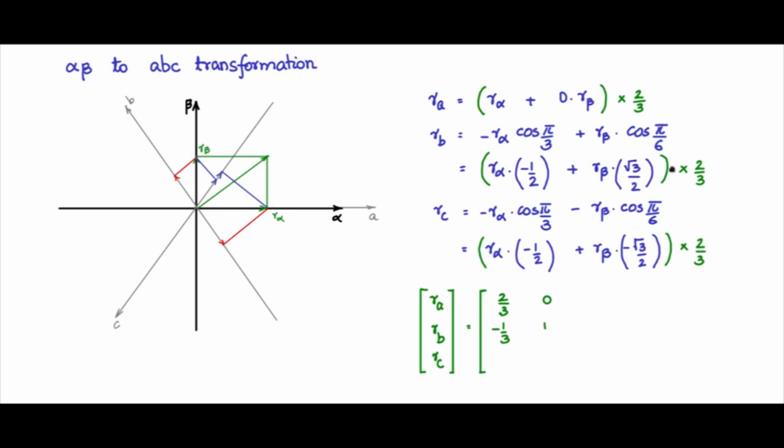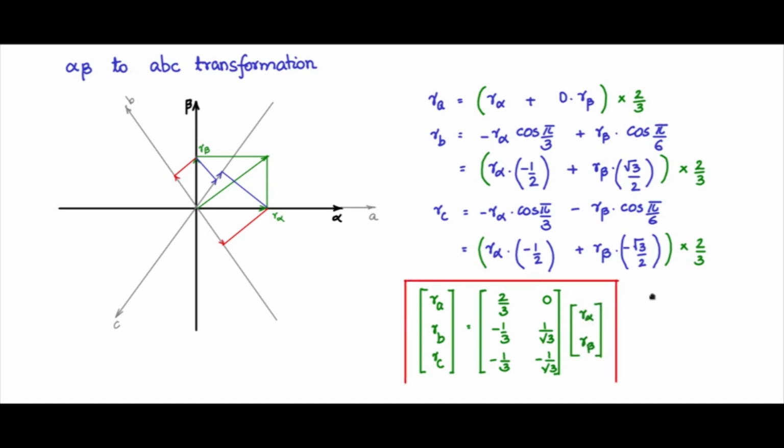And root 3 by 2 into 2 by 3 will be 1 by root 3. This will be minus 1 by 3 and minus 1 by root 3. So this gets multiplied by alpha and beta. So this will be our transformation matrix for converting a vector in the alpha beta coordinates.